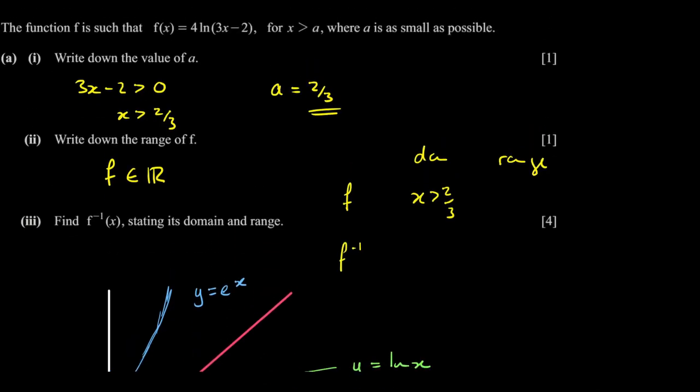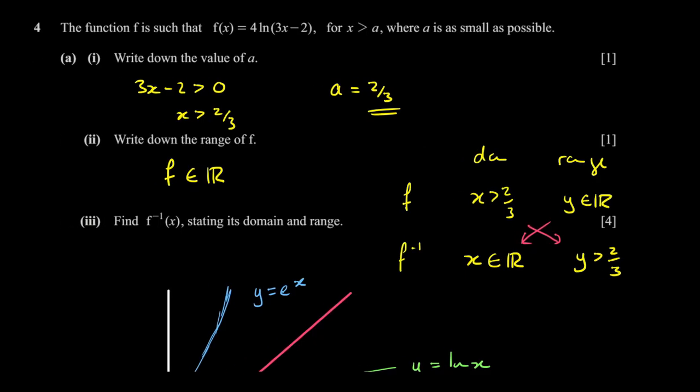What was the range? Well, y could be all the real numbers. Then what would be the domain and range of the inverse function? Well, the domain will be all the real numbers, and the range will be everything that's greater than 2/3. Why is that? Because the domain and the range switch. So we've answered the second part of that question.